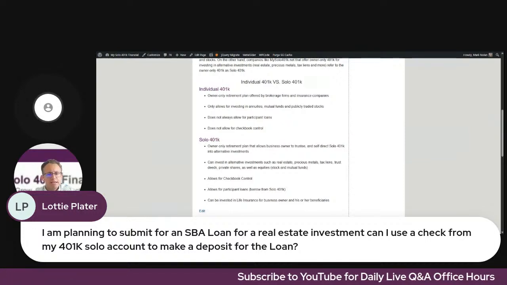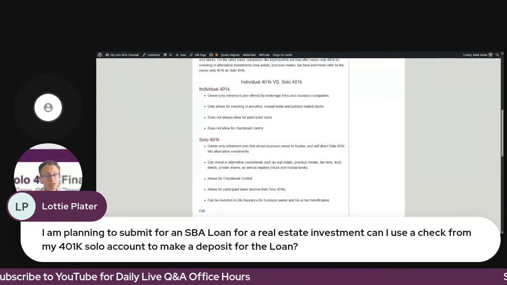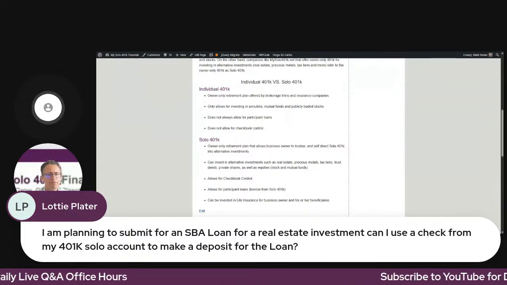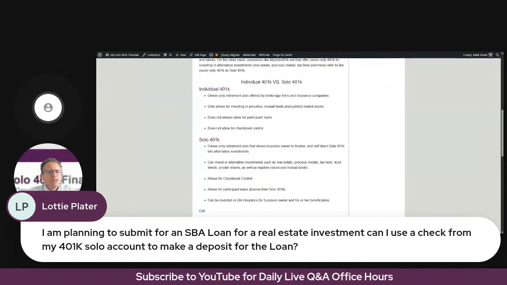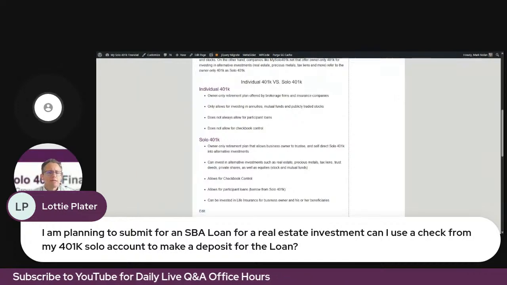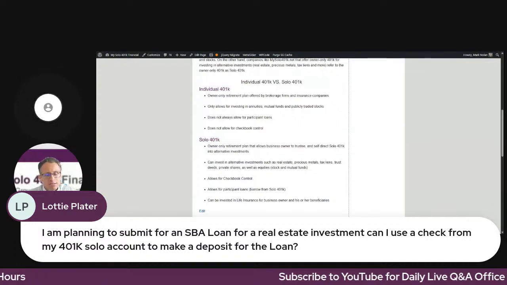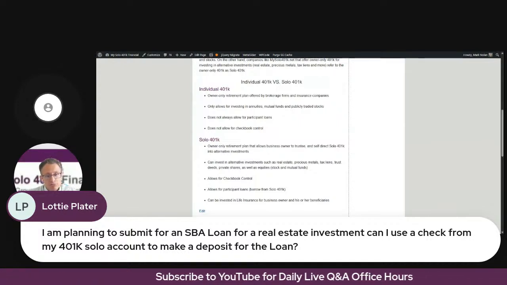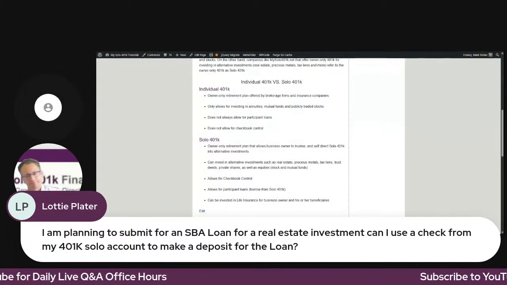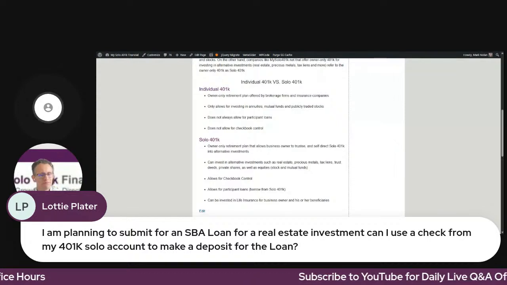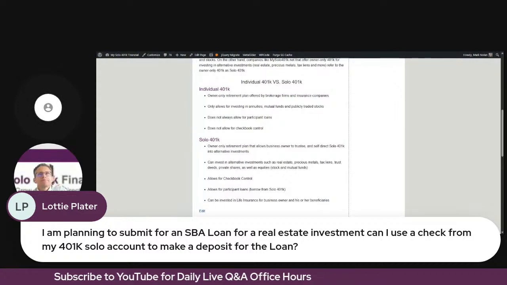Watered down meaning that it's very basic in that it only allows for pre-tax contributions or maybe Roth employee solo 401k contributions, but it doesn't allow you to self-direct it into alternative investments like real estate, precious metals, cryptocurrency, promissory notes, tax liens, real estate syndicates. It typically only allows you to invest in equities. Again, that's the self-employed 401k, also known as an individual 401k, typically in the industry.